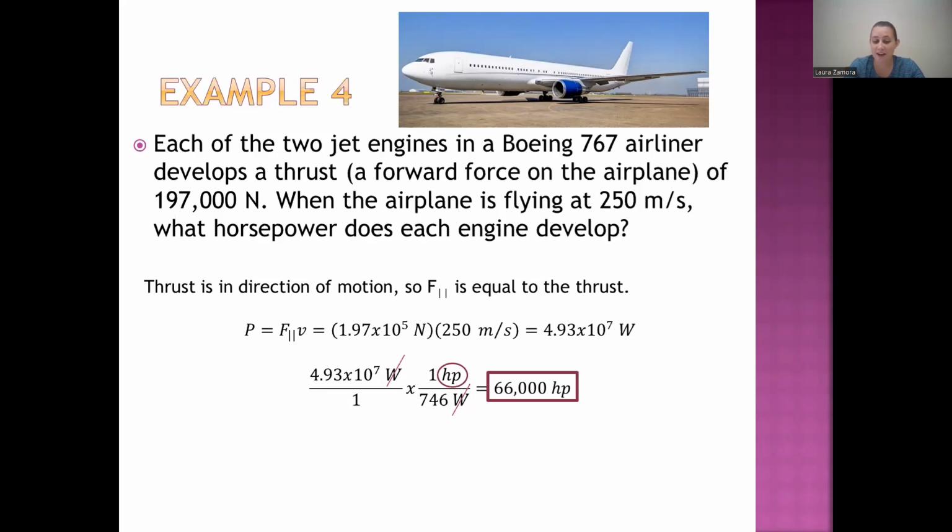Each engine in a Boeing 767 develops nearly 20 times more power. So they can fly at about 900 kilometers per hour, which is 560 miles per hour, and they can carry much heavier loads that way as well. So, fun fact about how technology has changed since the 1950s.